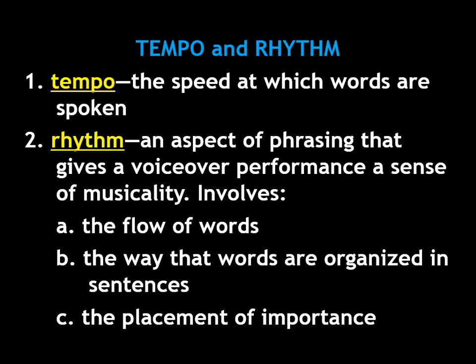And the placement of importance is also a factor here as well. So the things that we say in a sentence, the value of what we say in the beginning versus in the end relative to the type of message that we're trying to portray is going to help and affect the rhythm of what we say as well.